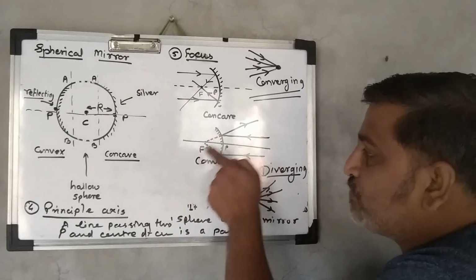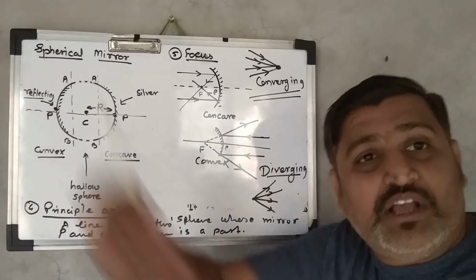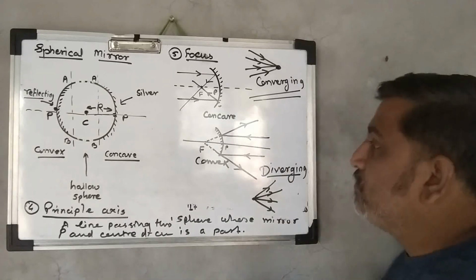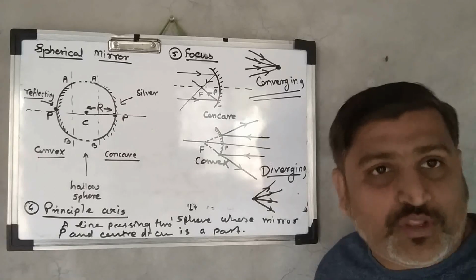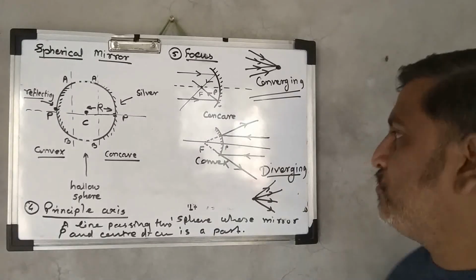Seems to, that's why I showed it as a dotted line. It seems to be going from there, but actually it is not going from that point. So it seems to pass through that point, which is known as the focus. Keep this in mind.